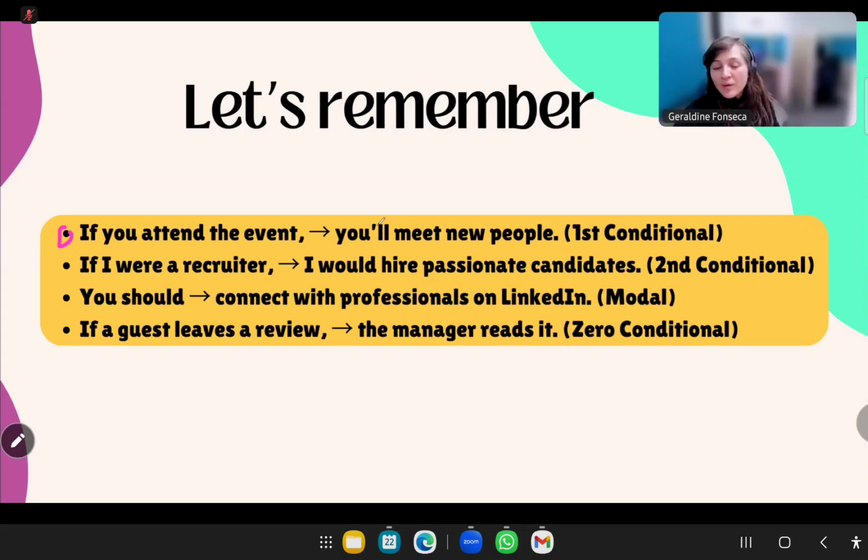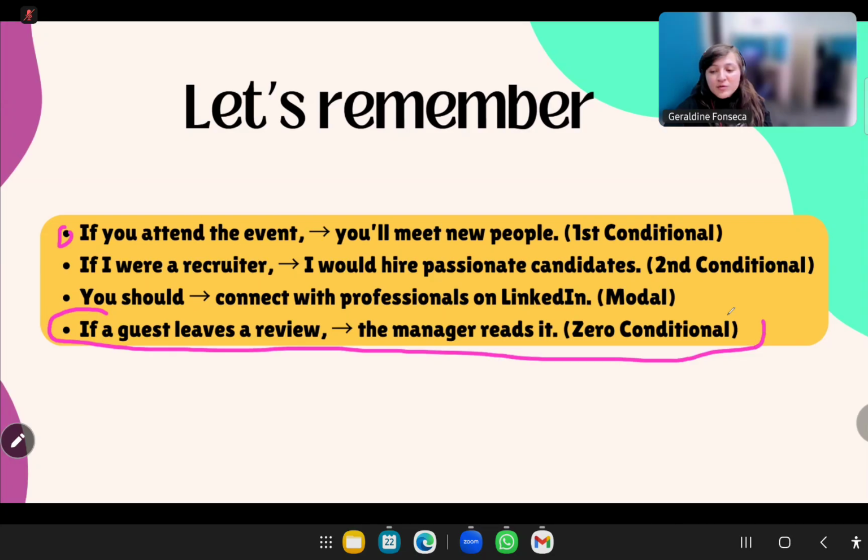So yes, Esperanza, in that one, we are dealing with a future consequence, and it's not 100% sure. It tends to be a little bit uncertain. The one that is a fact is the zero conditional. Remember that if I want to say something that is always true, or a situation that always happens, I'm going to use the zero conditional, mainly because it is simple present, simple present.